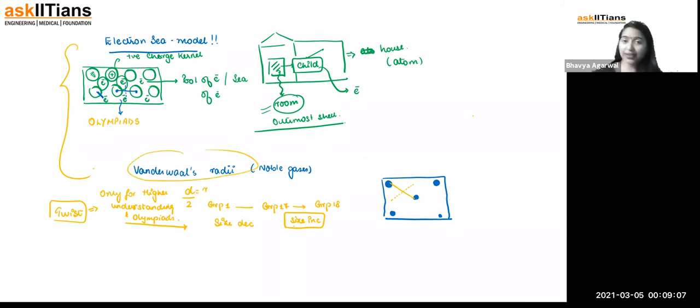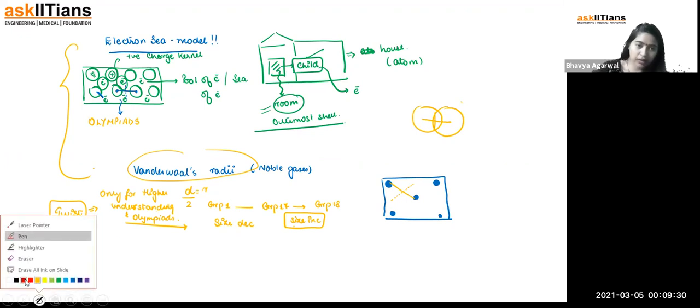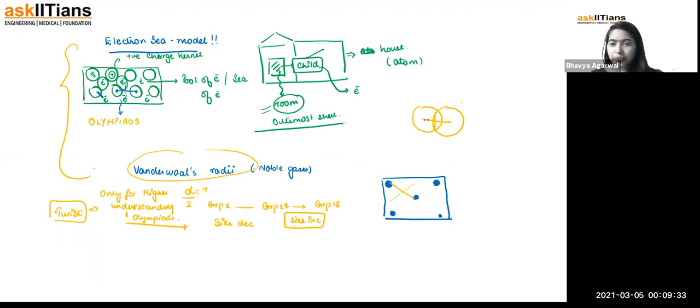Now, if you compare the sizes, you remember what we did in the atomic radii part, the covalent radius, right? Now, see here, if I compare with respect to the lengths, this is the radius which I'll get in the case of covalent. This is the radius which I'll get in the case of the size of the atom.